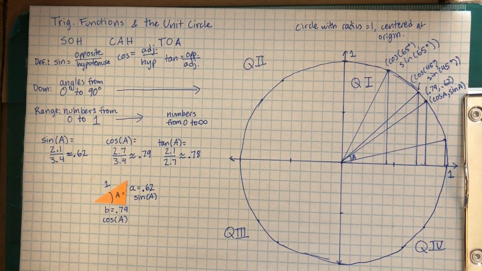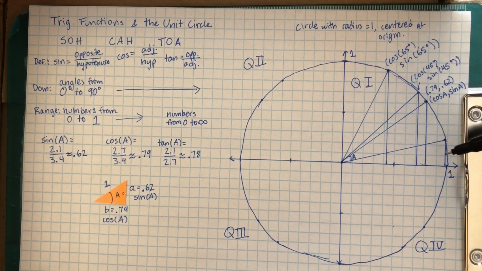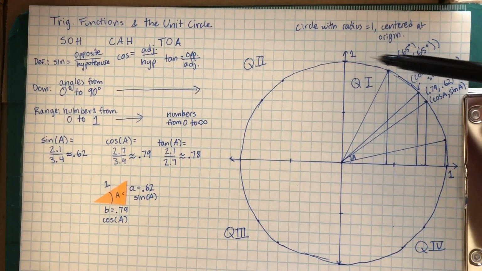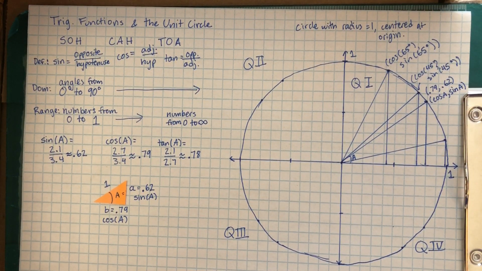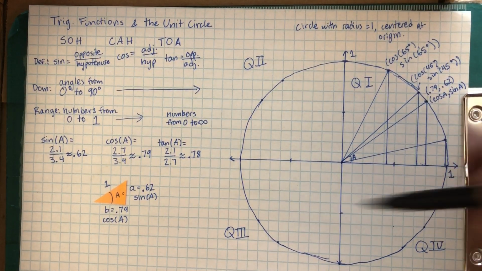All right. So far the sine and cosine are able to give us coordinates of points on the circle in quadrant 1. And these are the same thing as saying the side lengths of these right triangles.